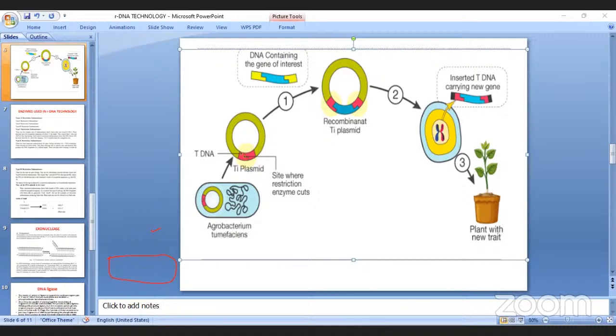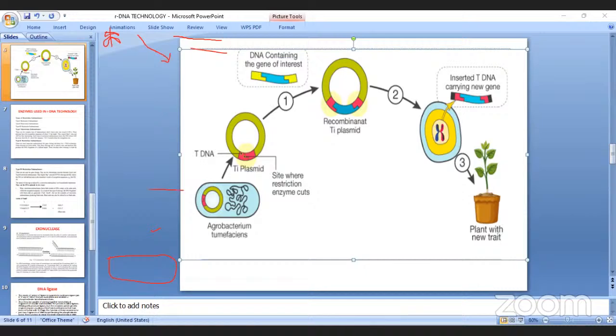We separate the plasmid, and the DNA containing the gene of interest is also separated from the desired plant, that means a high yielding, highly resistant plant. From the resistant plant we separate the gene, and from the bacteria we separate the plasmid.